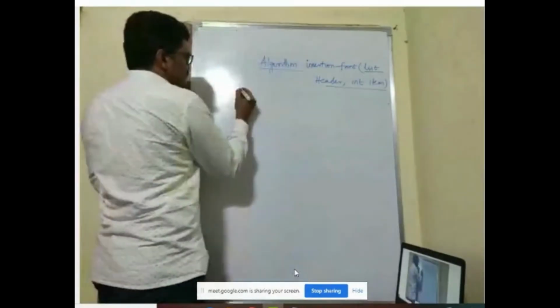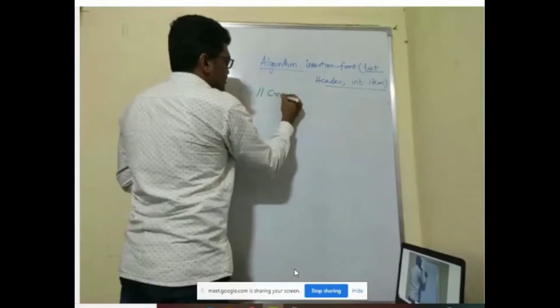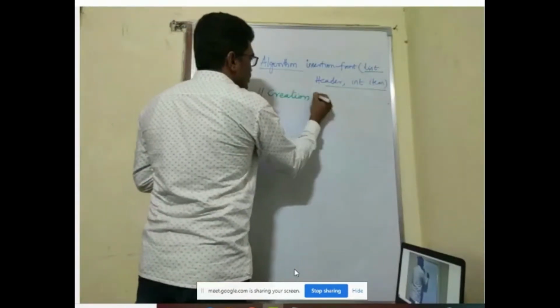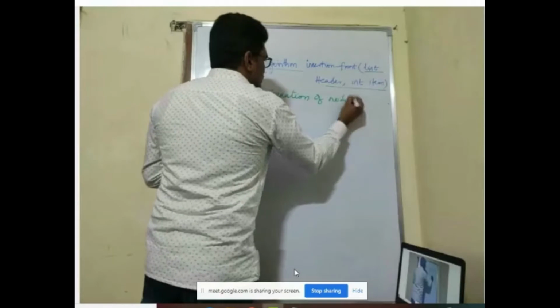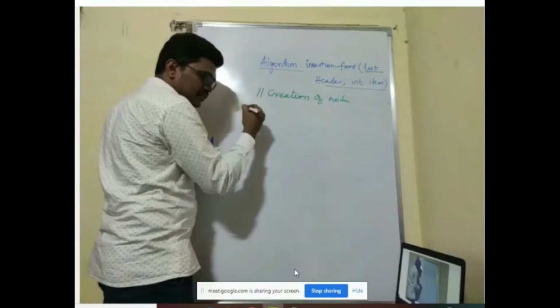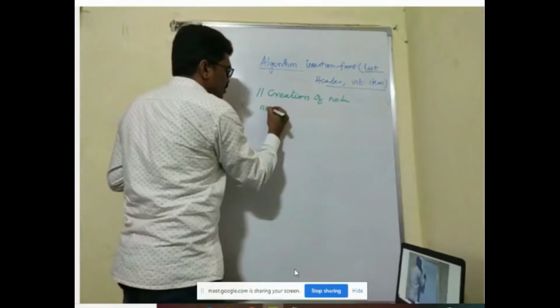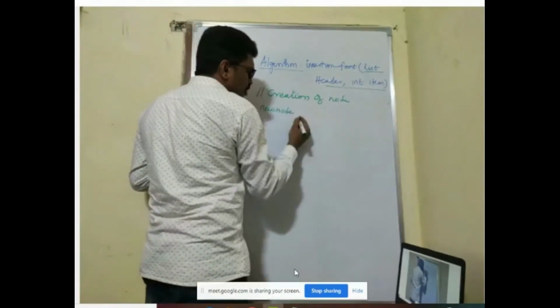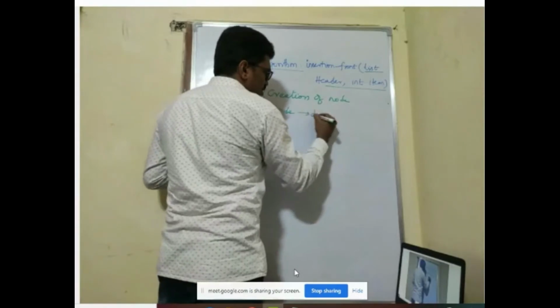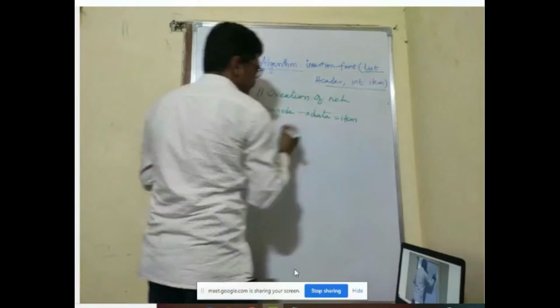So the first step is creation of a node. Since it is an algorithm, you have to mark each and everything in a step sequence. So new node data is equal to the item which you are taking here.